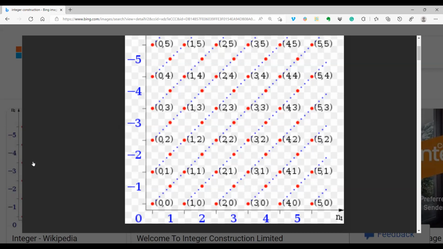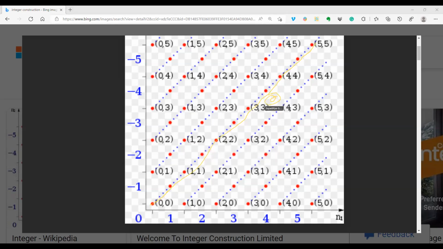So you see, this whole thing is an equivalence class. All of this represents the integer 0. This is the equivalence class of 0.